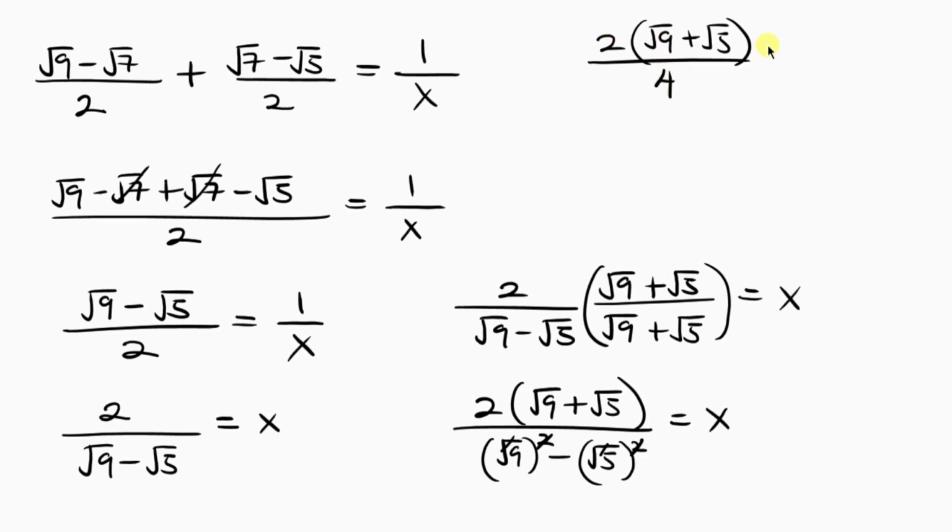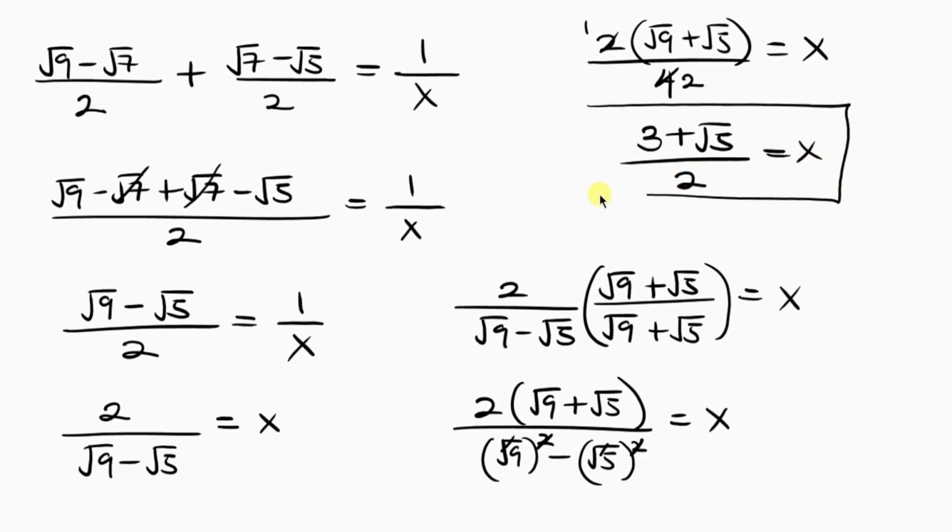So this is equal to x, which is what we're looking for. So 2 here, 1, 2 here is what? 2. Now let's go ahead and simplify this. The square root of 9 is 3, plus the square root of 5 all over 2. And this is our final answer.